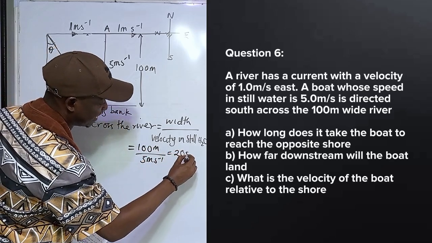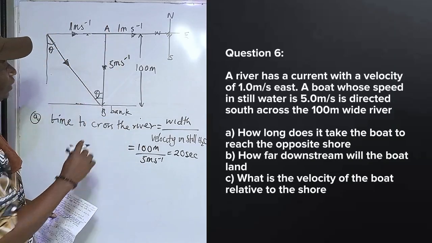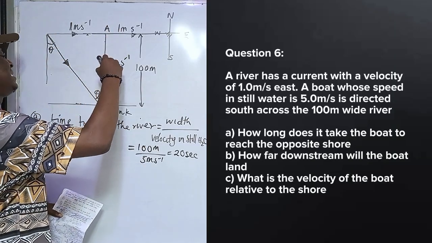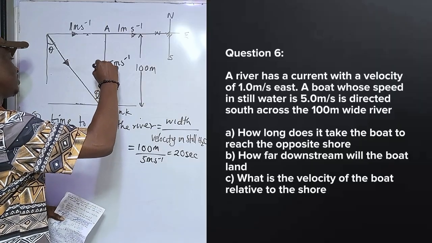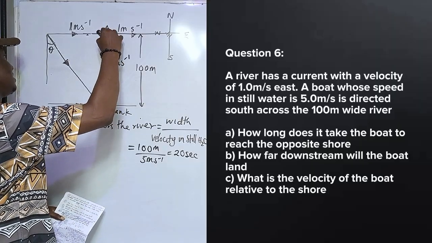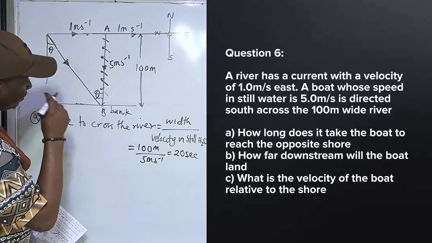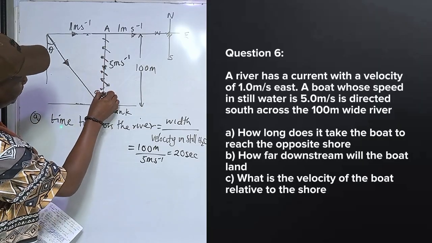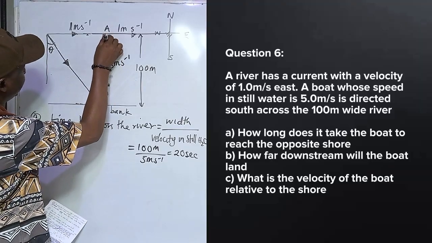So that will now give us 20 seconds. Very clear. That means to move from here to this place. And don't forget, it will be steering like this. It will be steering this way. That is the steering direction. Now, in this case, coming from that side, so the arrow must be here.